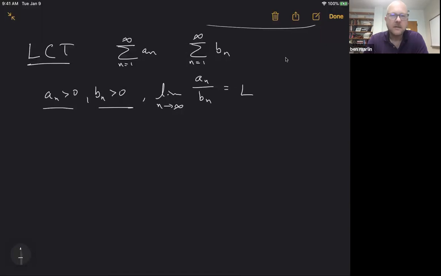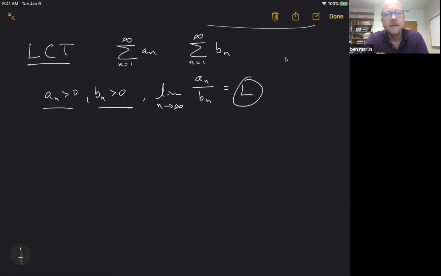And we want to be able to divide the terms, not the partial sums, the terms, and to be able to have something we can actually take the limit of. So this limit here that I've just labeled L, it can be 0 or it can be infinity. Those are fine.